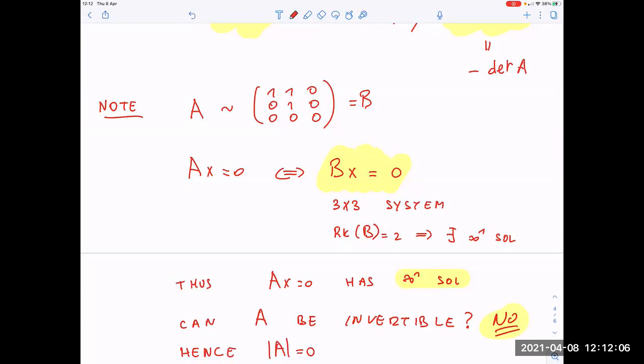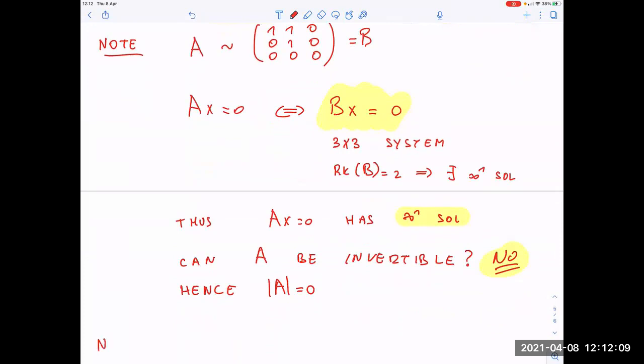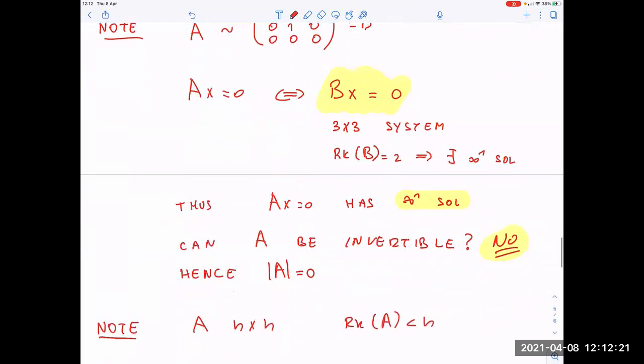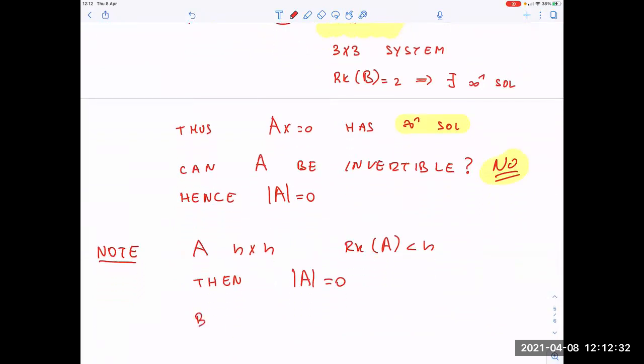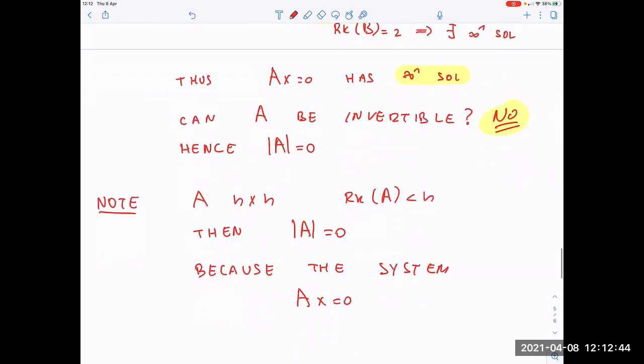So what is the idea which we have here? The idea is that if you have A square, n times n, and the rank of A is less than n, then the determinant of A is equal to 0. Why? Well, because the system AX equals 0 has infinitely many solutions.